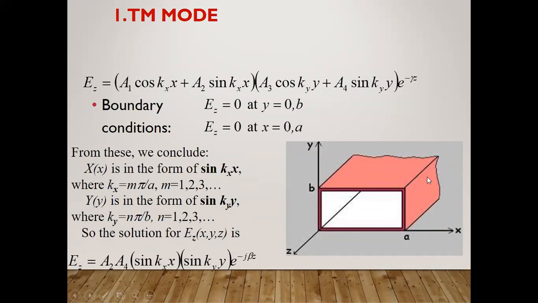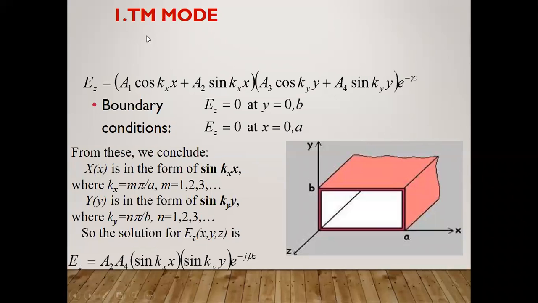If there is a rectangular box and you are interested in finding out how the wave is propagating, you must take care of the horizontal length, that is the width and the length. That is very important here. In this case also they are representing how we can write the equations, the x equation as well as the y equation.